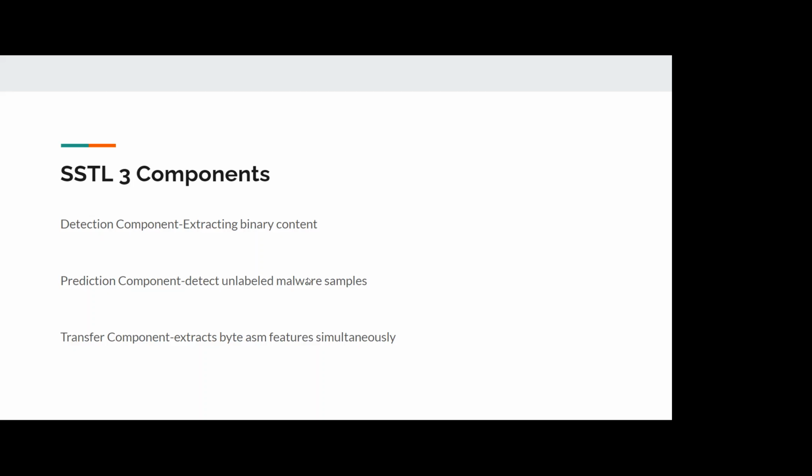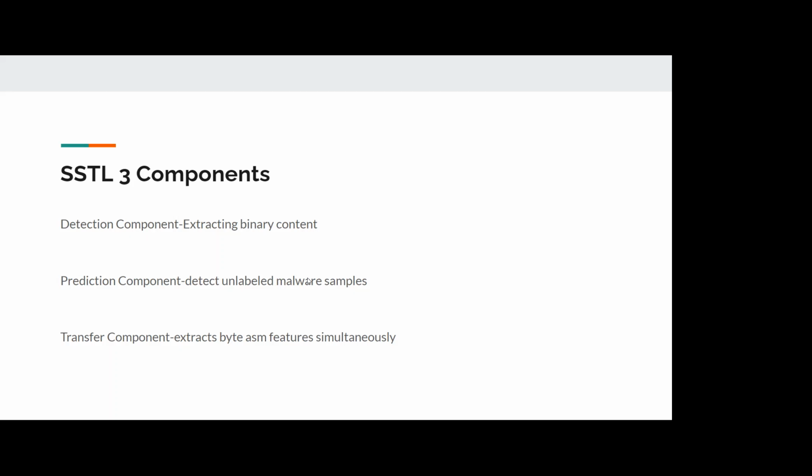Then it uses the prediction component to train the assembly classifier using publicly known malware assembly features, so it can help detect potential malware and unlabeled malware samples.